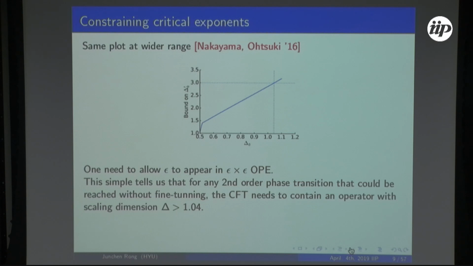Think about the difference between the Ising model and the tricritical Ising model. So this puts a constraint on the scaling dimension of the epsilon operator, and it works for any CFT. In terms of critical exponents, it tells you that nu needs to be bigger than a certain numerical value.